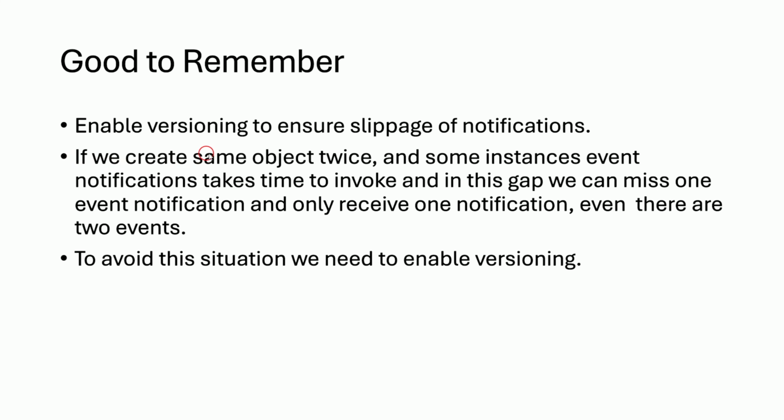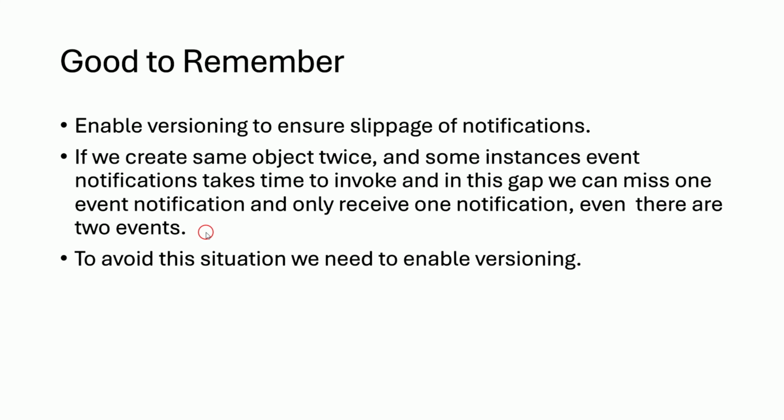If we create the same object twice, for example, by mistake I added one object into the S3 bucket and you also added one object into the same S3 bucket at the same time, with very little time between. In some instances event notifications take time to invoke, and in this gap we can miss one event notification and only one receives a notification.